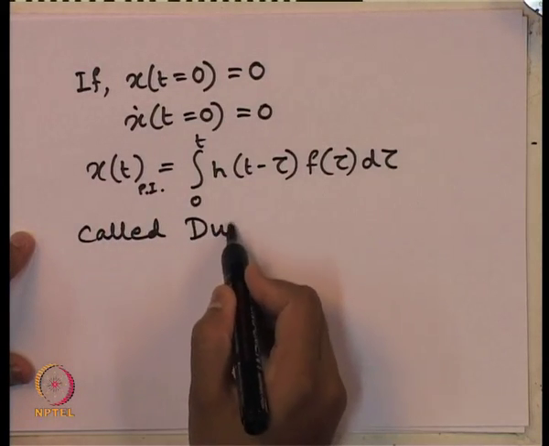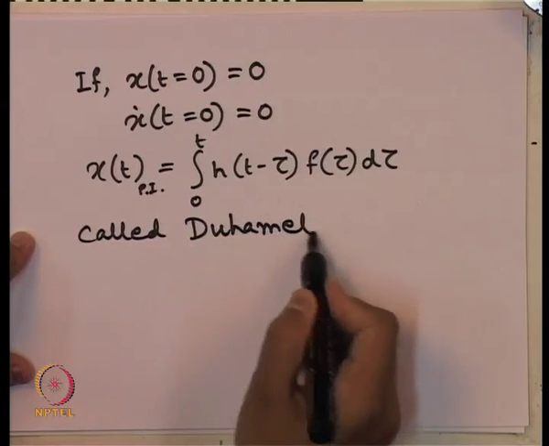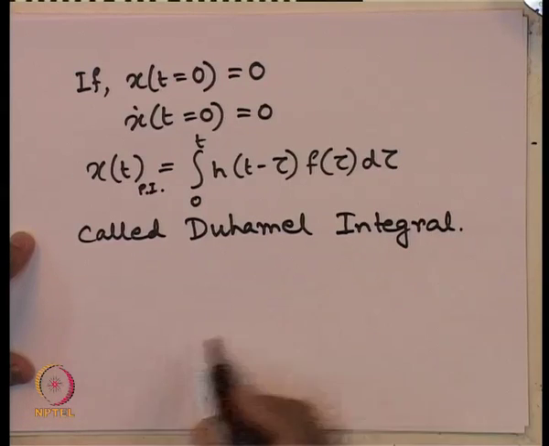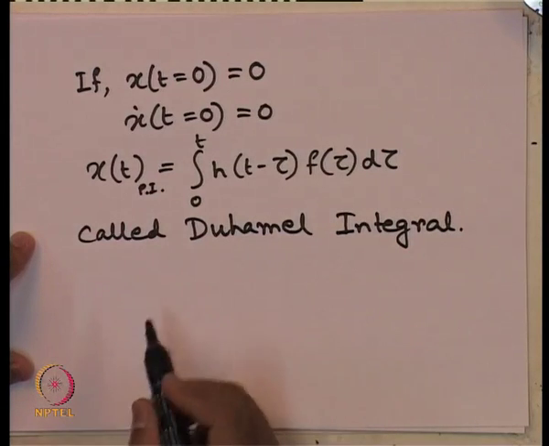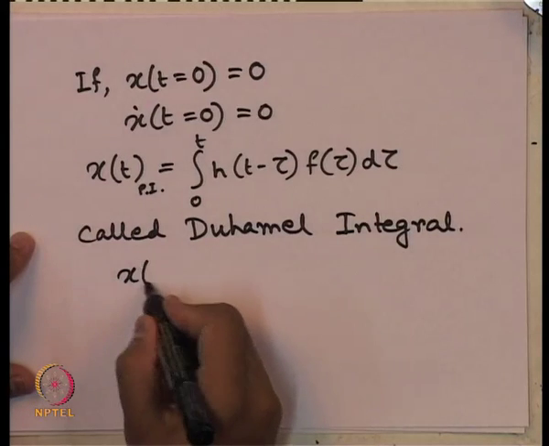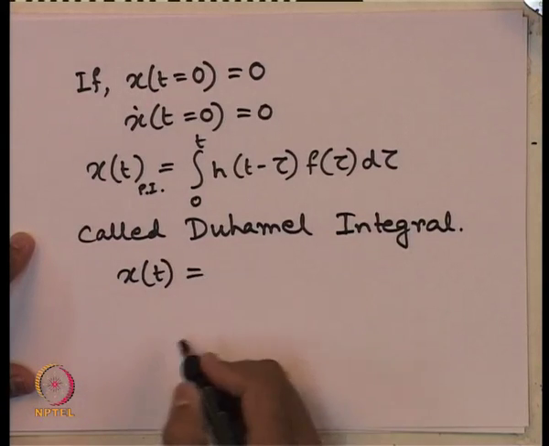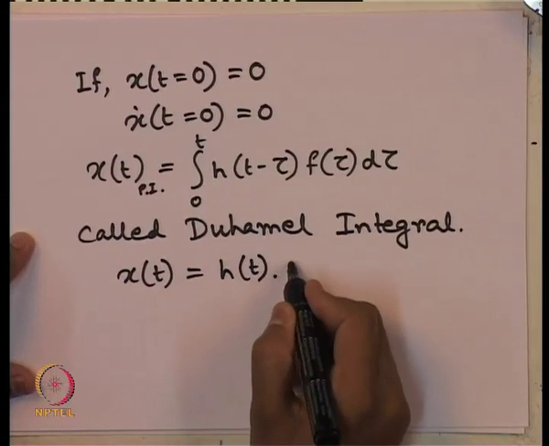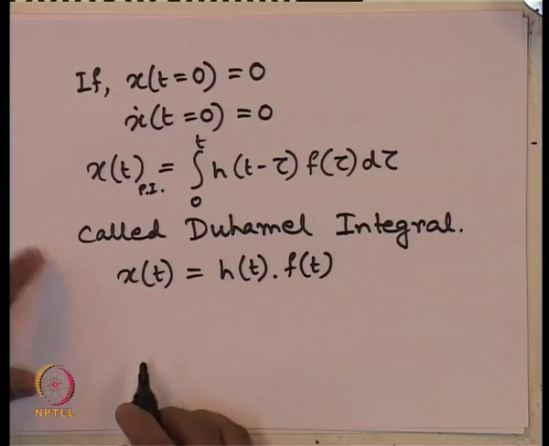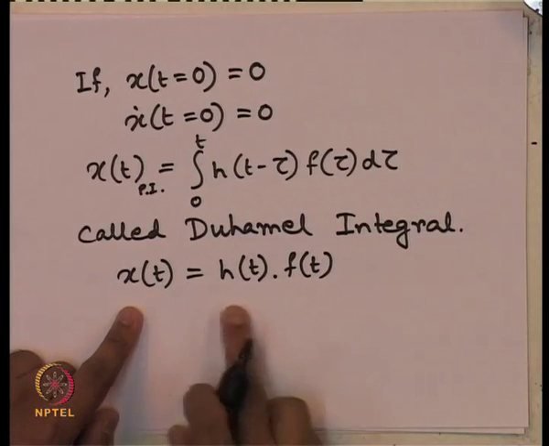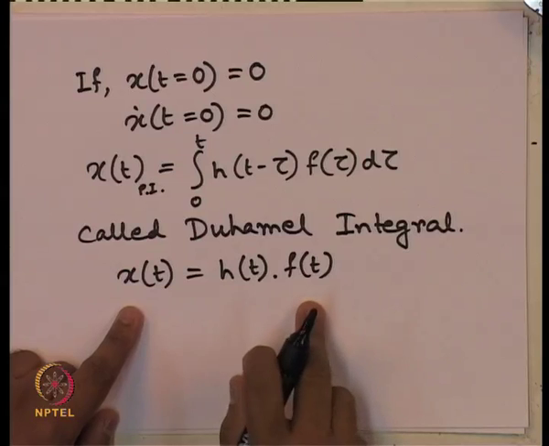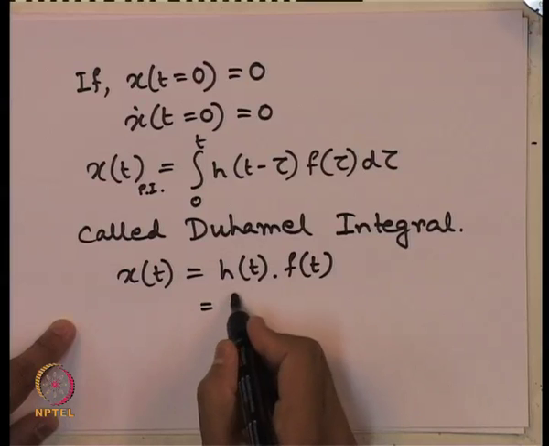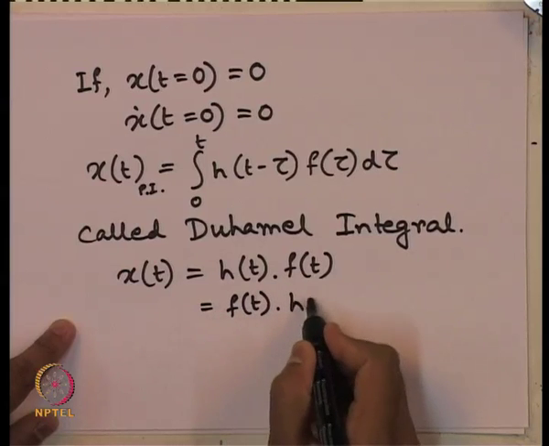Duhamel integral. So, we can solve it using the concept of Duhamel integral when it starts from rest. What does it say? That if we have a function which is a product of two functions like this, suppose a function x of t is given by h of t multiplied by f of t, then we can rewrite it in this form also.